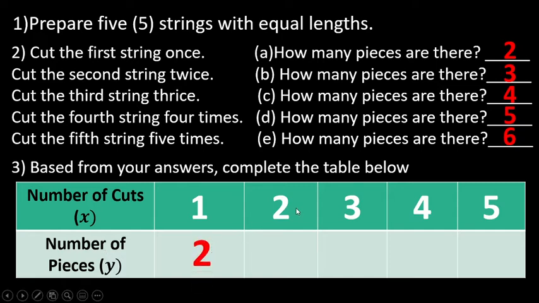So, kapag 2 na yung cuts, ilang pieces na yon? 3. Next, kung 3 beses mo puputulin yung string, meron ka ng 4 na pieces. Pag 4 naman na beses mo pinutol, mayroon kang 5 pieces. Tapos, pag 5 beses mo naman siyang kinat, meron kang 6 na pieces.